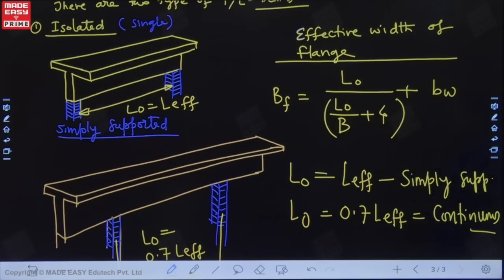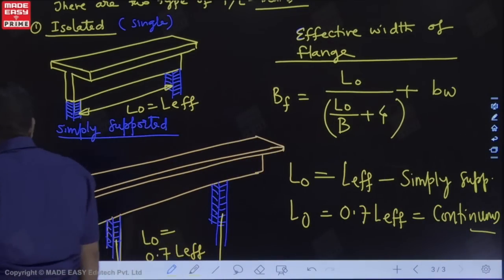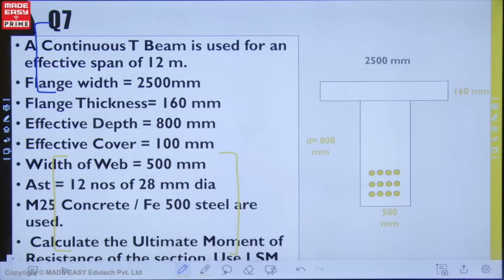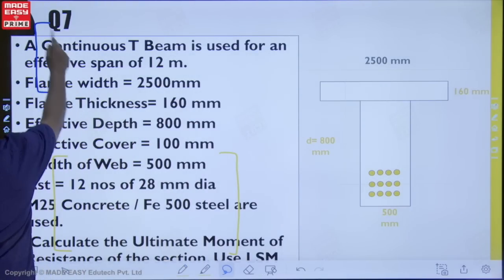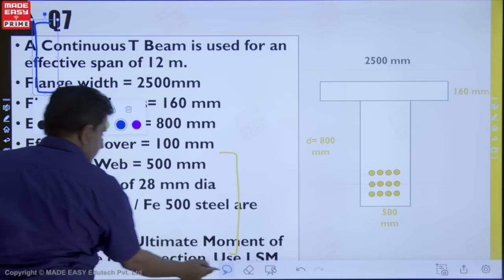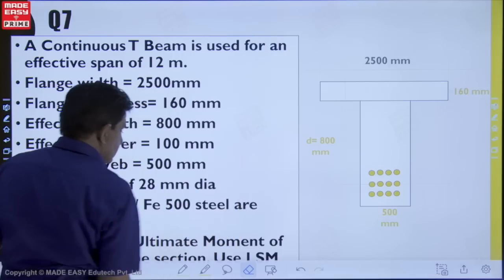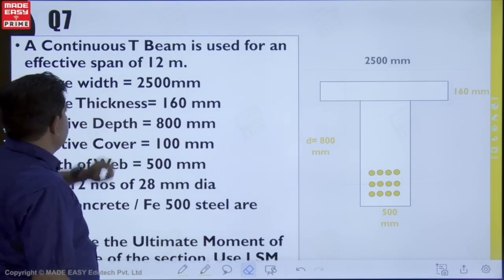Okay. Now according to this, we will proceed in that question, and we will calculate different values. So let's come back to that question and let's find out the values. This was your question. So the flange width is given 2500.